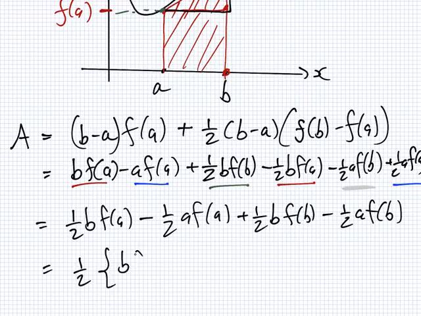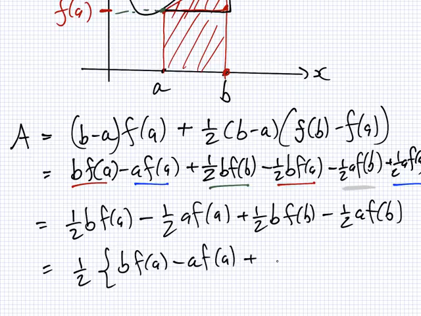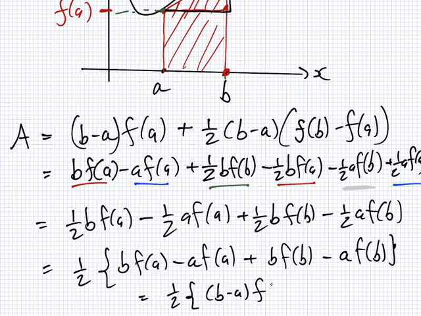So I have b f(a) minus a f(a) plus b f(b) minus a f(b), which is a half (b minus a) f(a) plus (b minus a) f(b), like that.